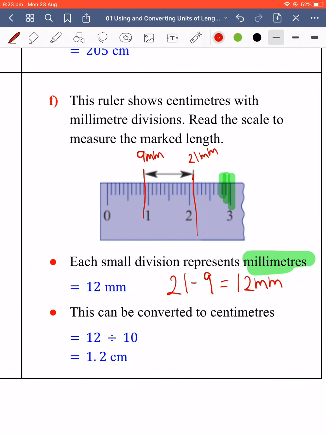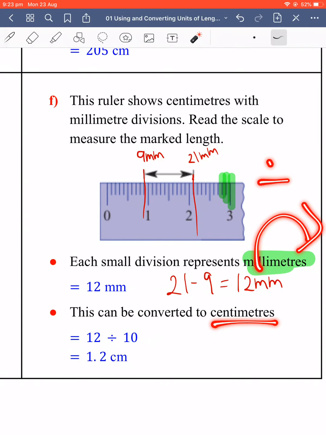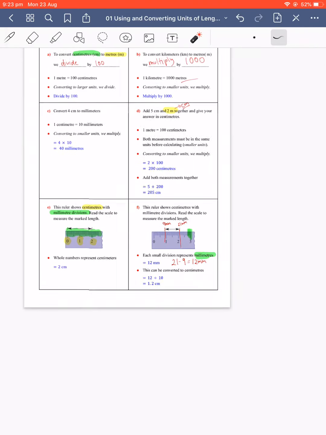Okay, but now I want to convert it to centimeters because it's a lot easier on a ruler to do that. So I need to convert my 12 millimeters by 10, because again, I'm going from millimeters to centimeters, which means I'm going up, which means I am dividing. So I end up with 1.2 centimeters.